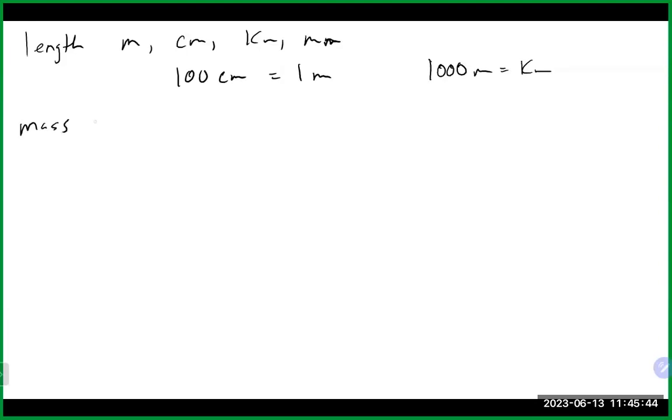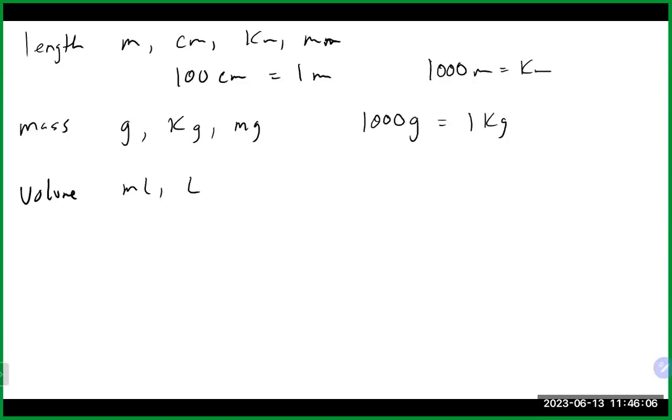Mass: very common units of mass are grams and kilograms. Those are usually the units that we use a lot, milligrams occasionally. There's 1,000 grams in a kilogram, the common one. Volume, right? Units of milliliters, liters, and cubic centimeters are used a lot.